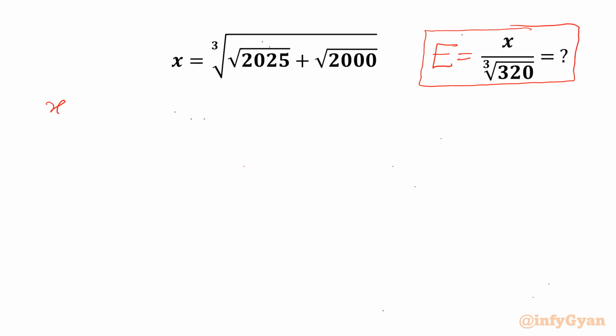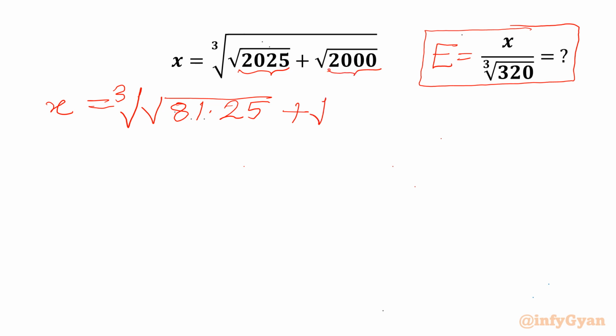Now I can write x will be equal to the cube root of square root 2025, which we can factor as 81 times 25, plus square root 2000. So we can factor 2000 as 80 times 25.